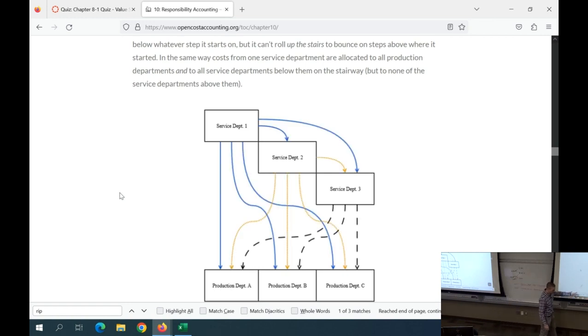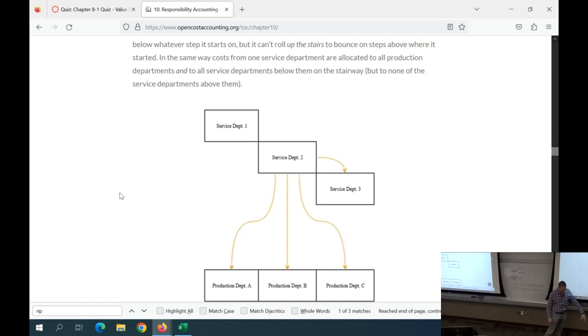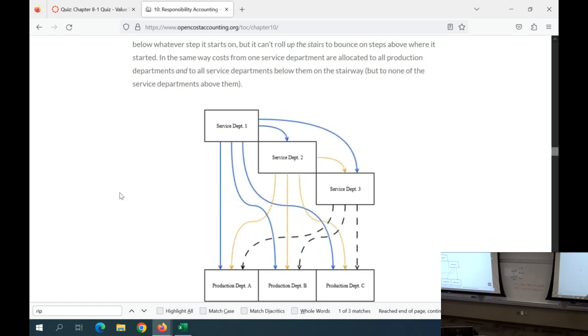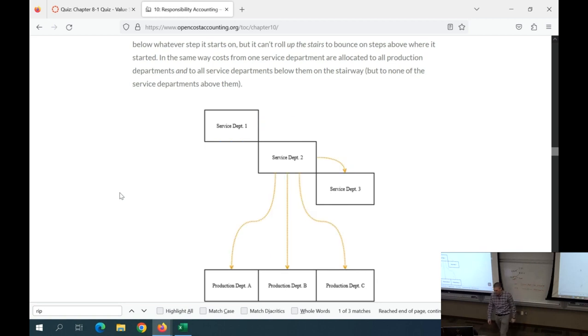The first service department that serves the other service departments most gets to allocate its costs to every downstep service department and production departments. Then we go to the next one, and you allocate your cost to every downstep service department and production departments. And finally we get to the last service department, which is only allocating to production departments. The one rule with step-down is water doesn't run uphill. You can't allocate to an upstep department.